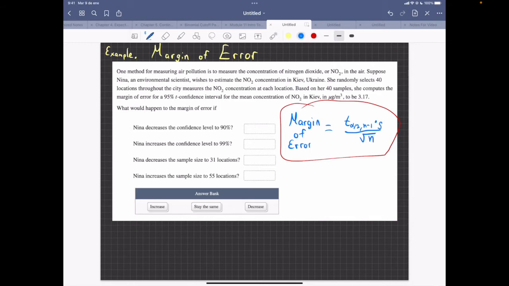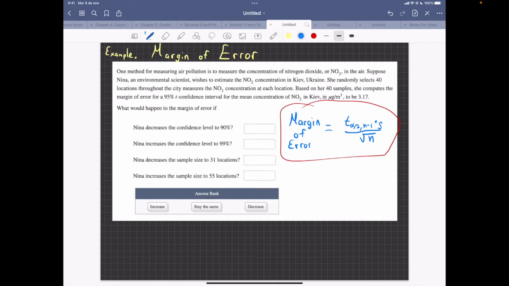There you go. So here, essentially, you will have to verify what would happen if we modify the level of confidence and the sample size. It says one method for measuring air pollution is to measure the concentration of nitrogen dioxide, or NO2, in the air. Suppose Nina, an environmental scientist, wishes to estimate the NO2 concentration in Kiev, Ukraine.